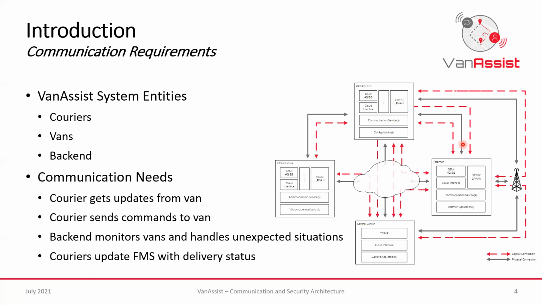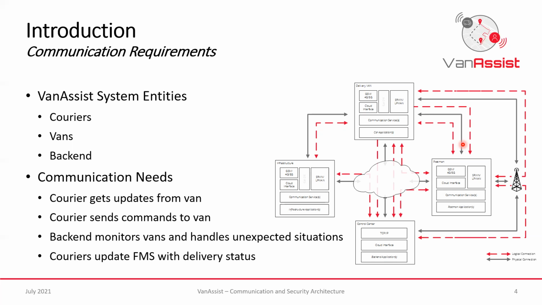Then there are several vans which take the parcels from the depot and take them to the delivery area. Then there is a need for a backend system which monitors and supervises the whole delivery process. So these are the Abdolinezhad system entities.